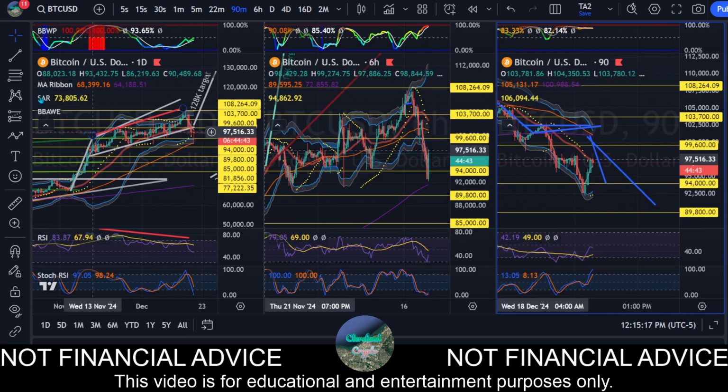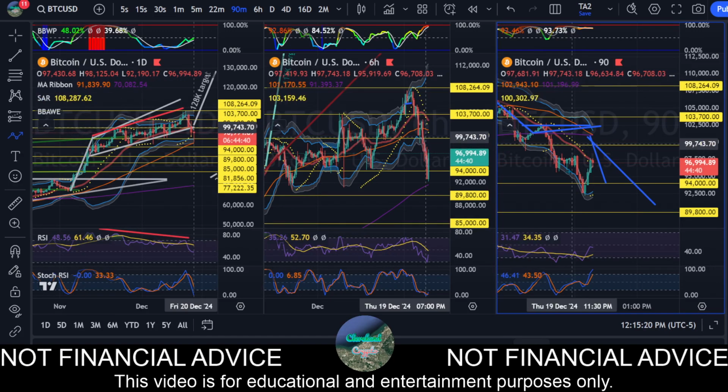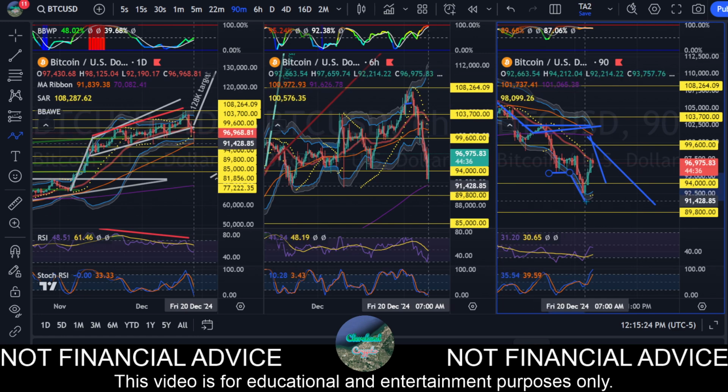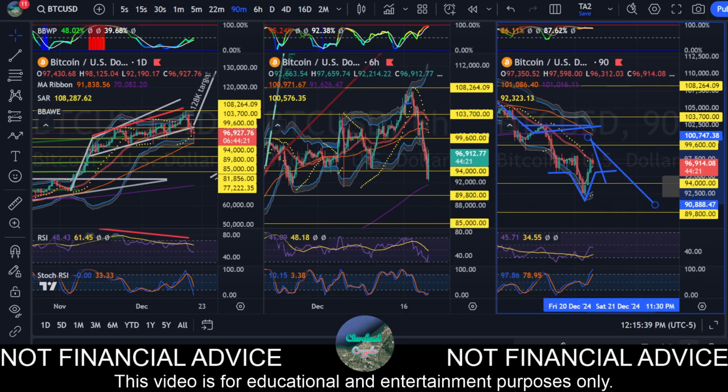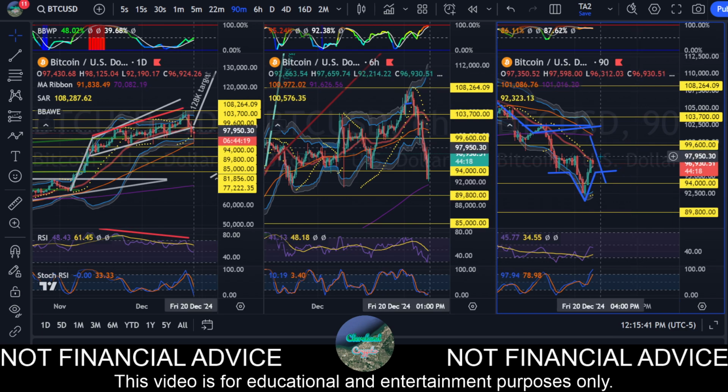Now, this inverted head and shoulders pattern can be drawn out like so. There's the left shoulder, there's the head, and then the right shoulder would be somewhere above this line. So now we're going to want to see price action stay above that line. Let's delete our measured moves from yesterday just to clear up some space.